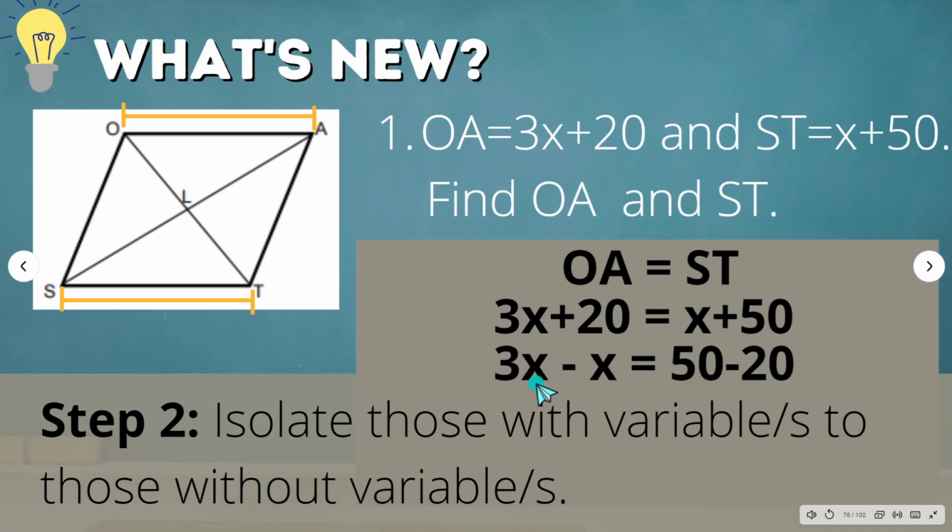So we will have 3x minus x equals 50 minus 20. The positive 20 will become negative 20 when you transpose it to the other side.